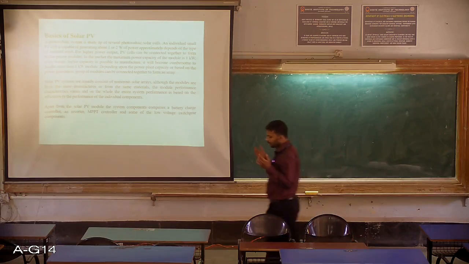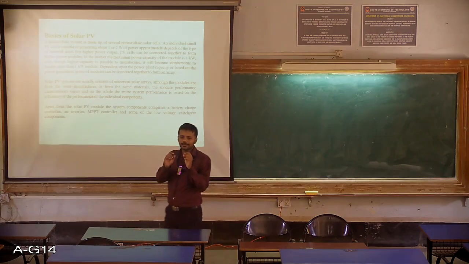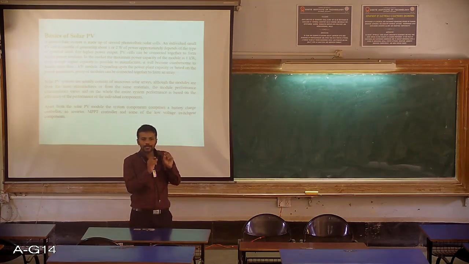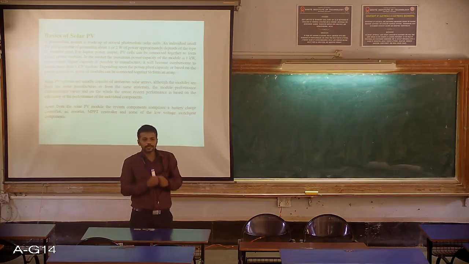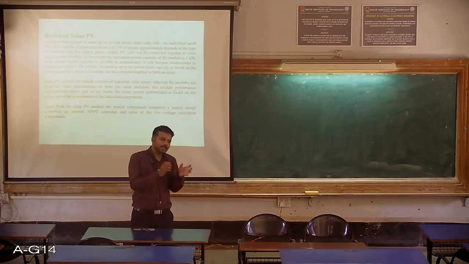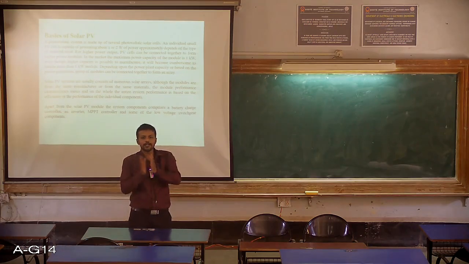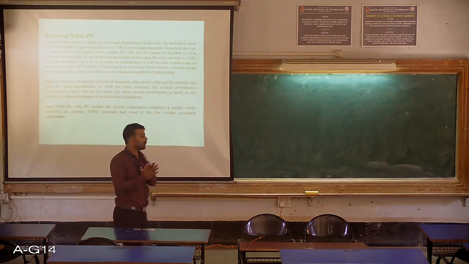So what we do is consider the cell efficiency, and depending on the cell efficiency we find the module efficiency, depending on the module efficiency we find the solar array efficiency, and depending on the array efficiency we find the efficiency of the entire solar plant.